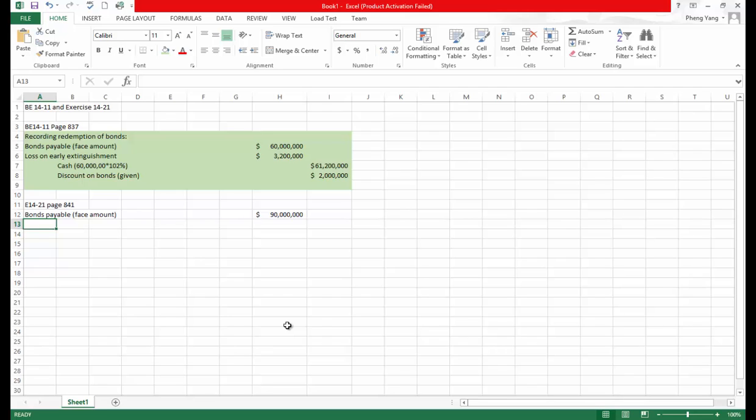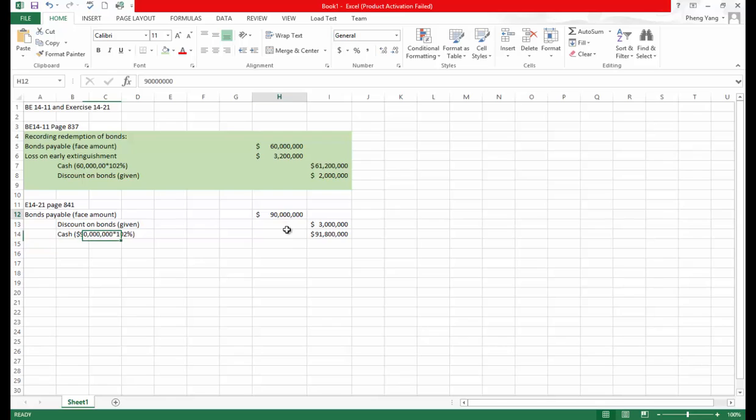I know that I'm going to take the discount off as well, and it was given, and the discount is $3 million. And I know that I'm going to be paying cash: the 90 million times the 102%. Okay, so let's do that. 90 million times 1.02 should be 91,800,000.